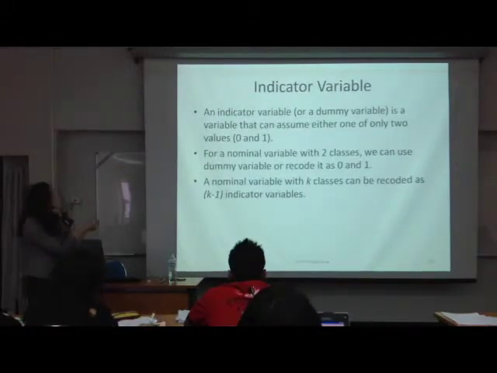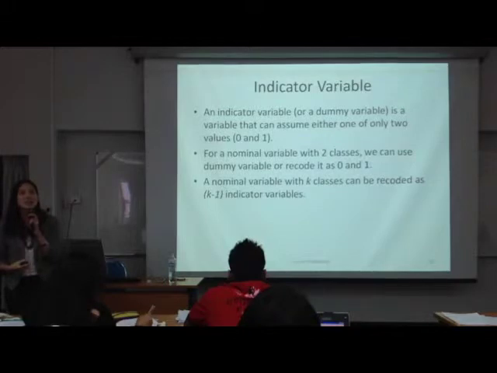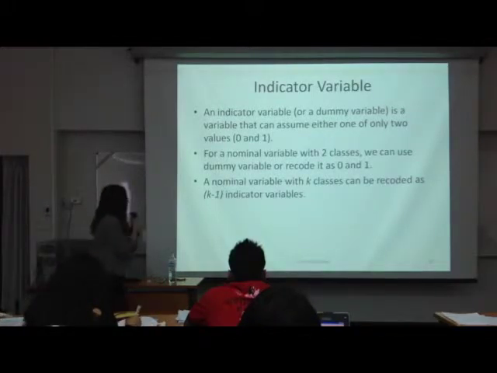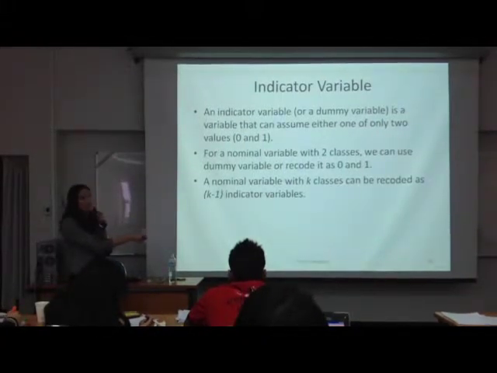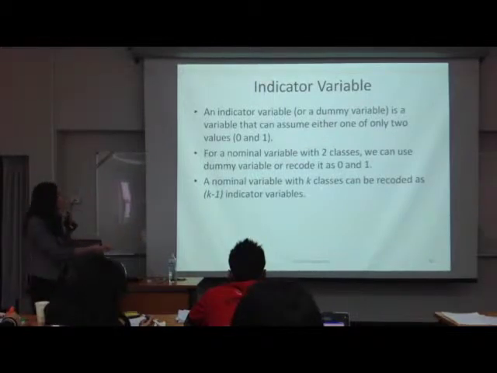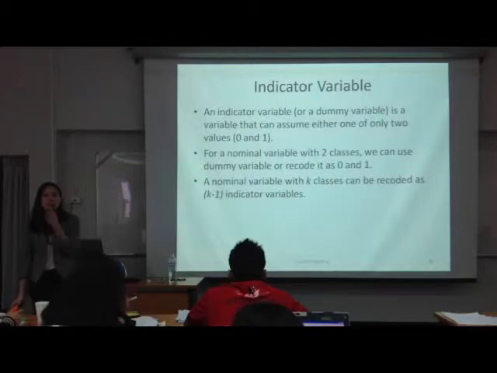And it can take only two values, either 0 or 1. Okay? And normally, suppose that we have a nominal variable with k classes, then we need k minus 1 dummy variables.